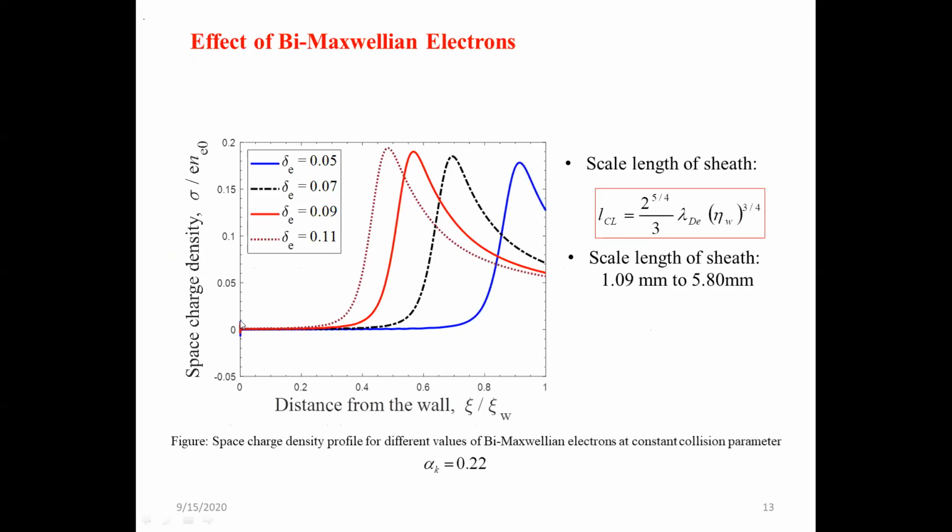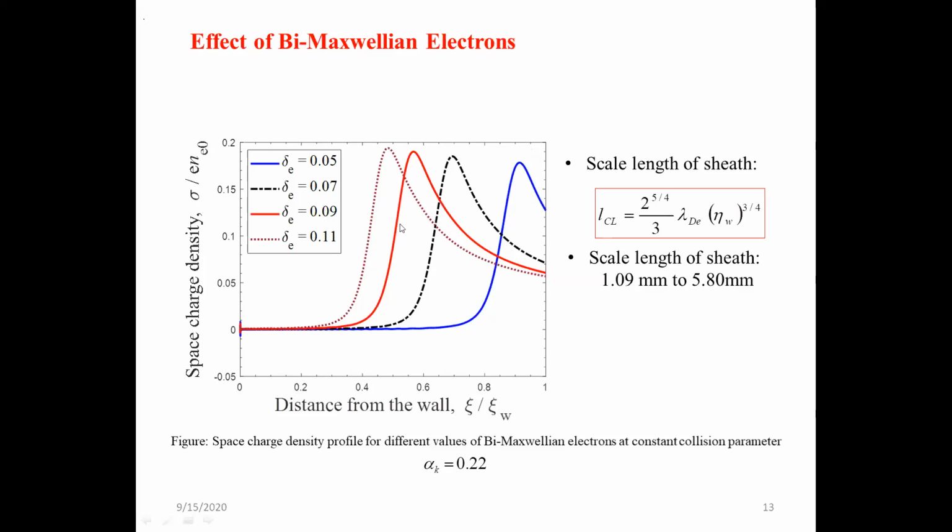That means only a small fluctuating nature appears in the pre-sheath part, at the initiation part, but the space charge density is almost zero. But when we enter the sheath region, the space charge density sharply increases and reaches its maximum value, then it decreases. Similar phenomena occur in all cases of increasing the concentration of hot electrons.